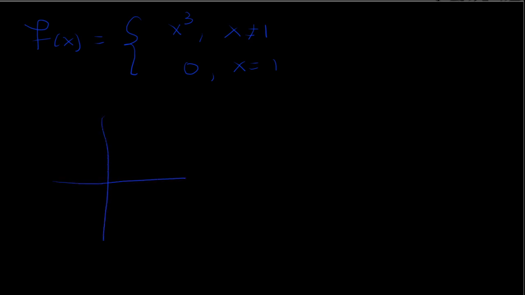I'm going to be given a piecewise function, so we'll call it f. And f will be x cubed if x is not equal to 1, and 0 if x is equal to 1. So let's graph this. At x equals 1, I want it to be 0. And the rest is going to be like x cubed.